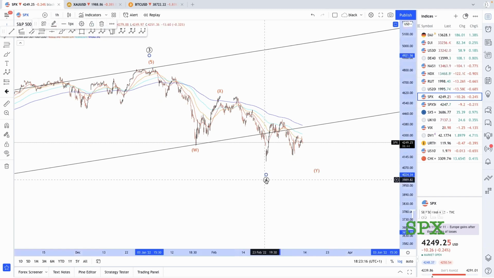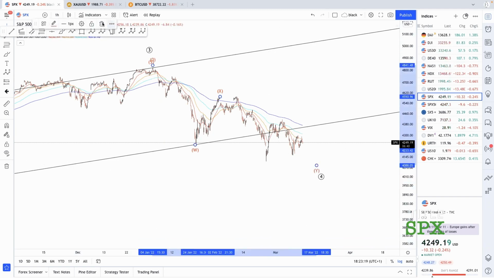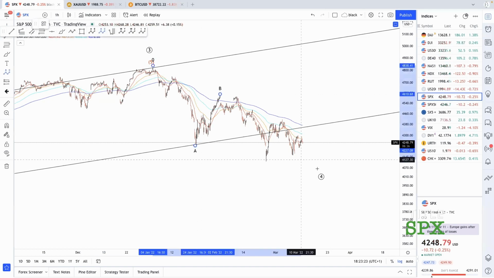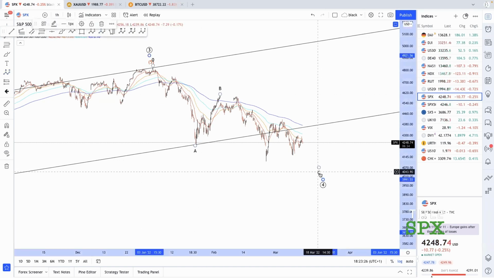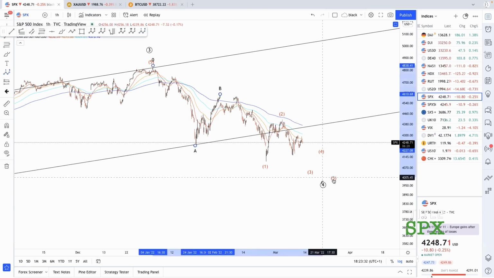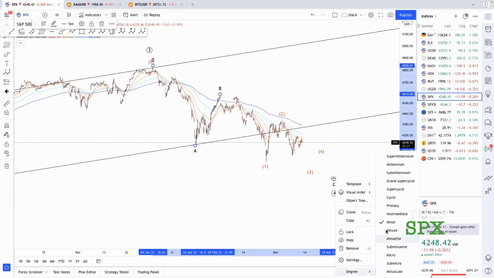What could happen is, let me show you this. We go into some kind of ending diagonal, basically. This would be intermediate.